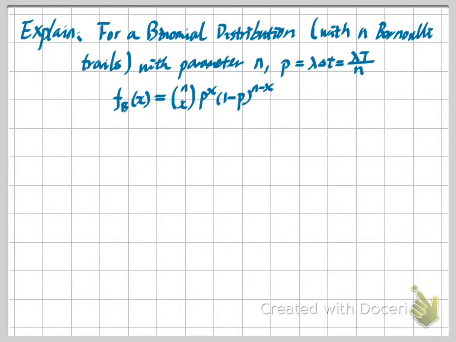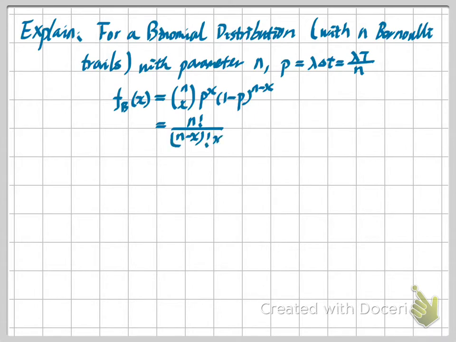So if we translate this to something related to the Poisson distribution, it means in our n subintervals, x of them have the event happen and n minus x have the event not happen. Now if we rewrite this as an equation, we use the definition of our combination to compute this.